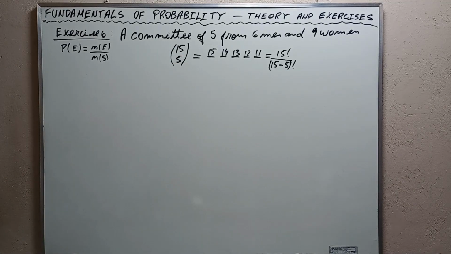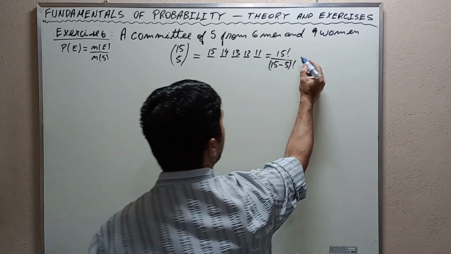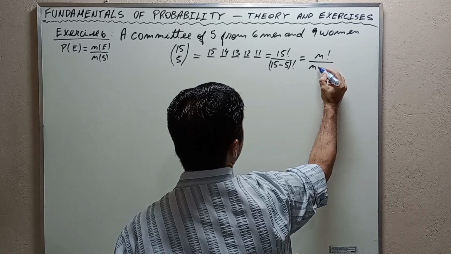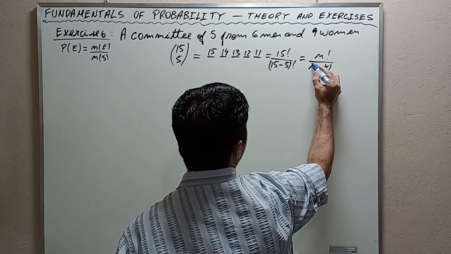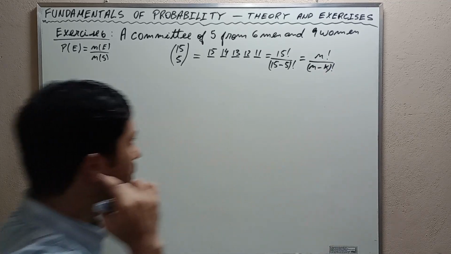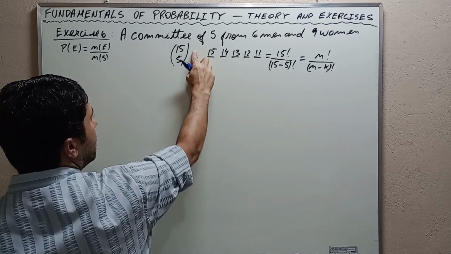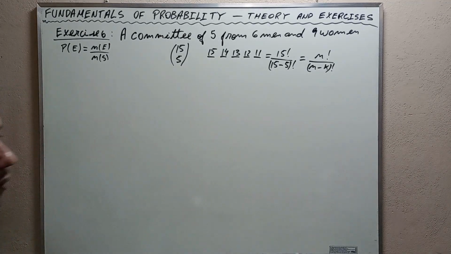And this is equal to n factorial divided by (n minus k) factorial, where n is the possibilities and k is the positions. But it is not yet complete. I'm going to tell you why we have to discount for the repetitions.